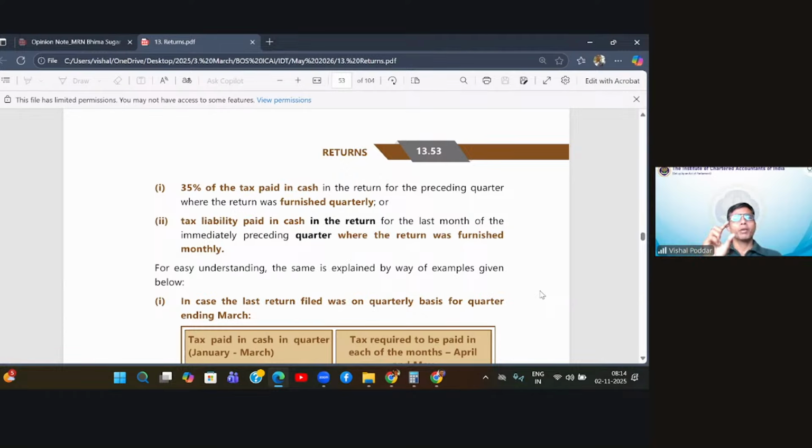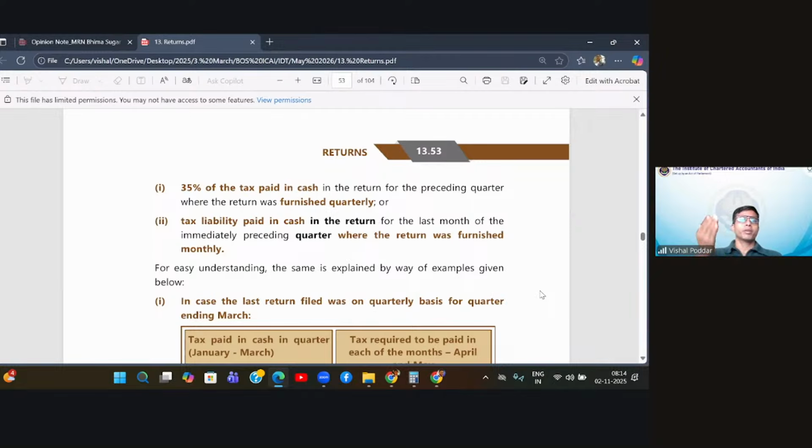In that, whatever amount you paid through the cash ledger, because whatever ITC you had availed was knocked off against your liability, that you need not pay anyway. So we see the cash payment of last quarter and 35%. Why 35? Because roughly we need to take one third. For the whole quarter, out of the liability you have to pay only one third in one month. So they have made it a round figure of 35% for ease of calculation.